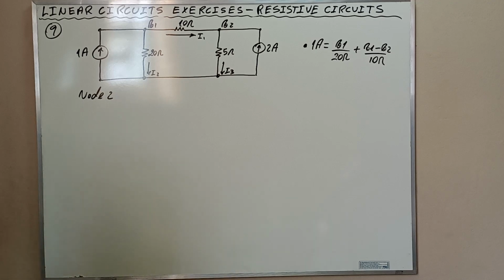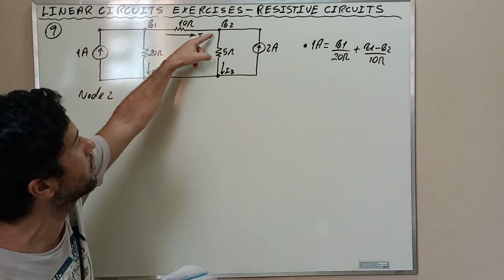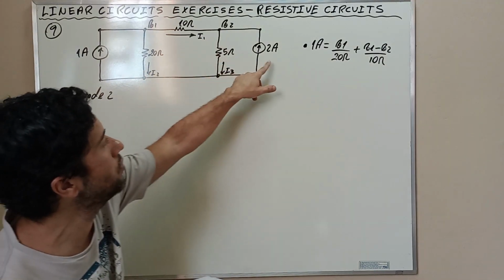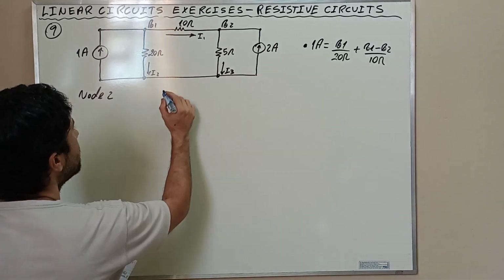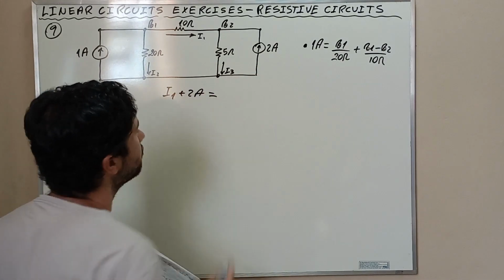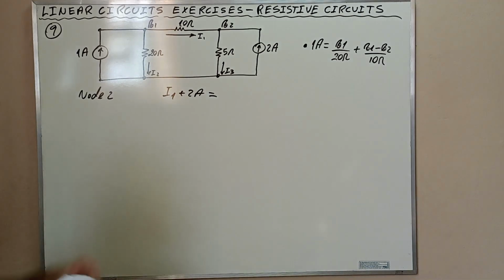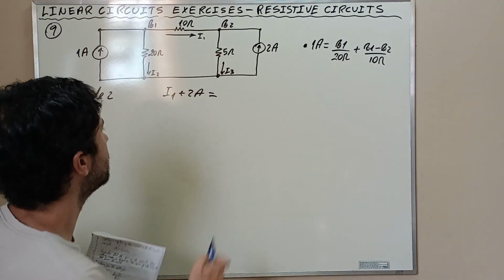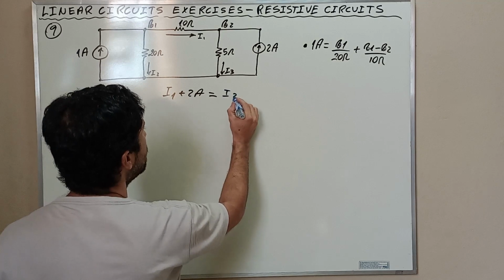One more time, we have to bear in mind that the sum of the currents that enter a node is equal to the sum of the currents that leave the node. What are the currents that enter the node? I1 and 2 amps. Then we write I1 plus 2 amps. And what is the current that is leaving the node? I3. Then it is equal to I3.